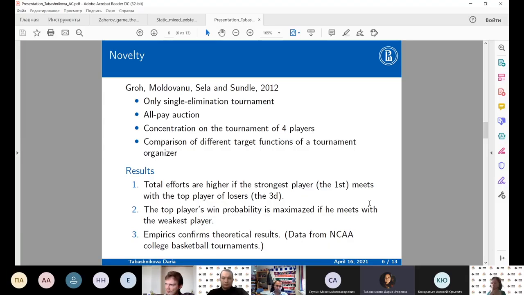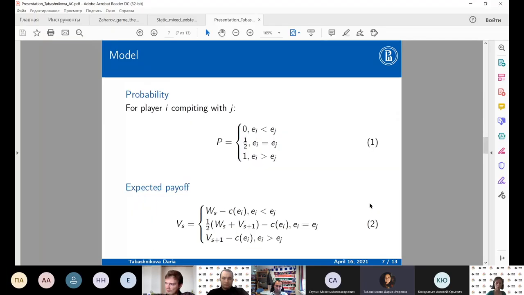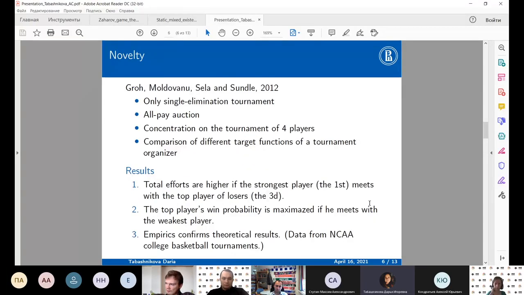But we will focus on different players for 2 types of tournaments and on the maximization of total efforts instead of some other goals which we can imagine.